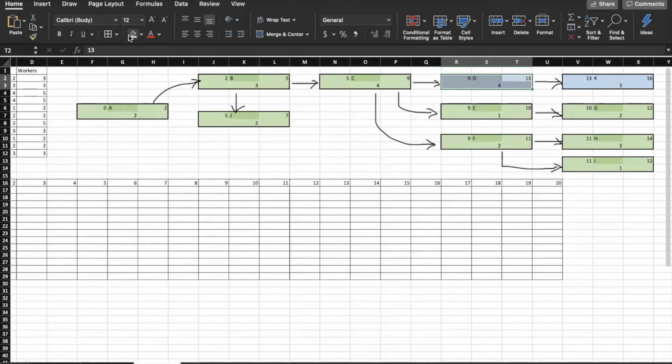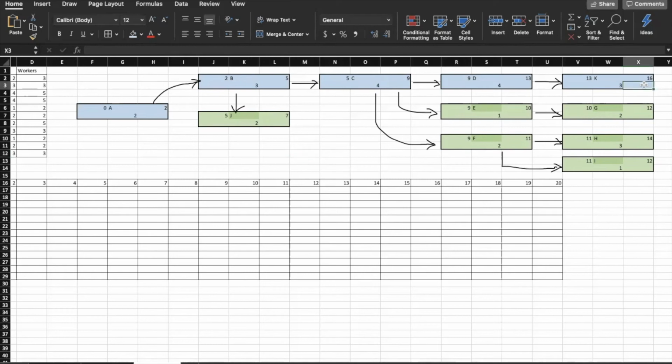D is a predecessor to K. C is a predecessor to D, so we'll need to highlight C, and working backwards, we'll need to highlight B as well as A. So now our critical path is marked in blue, and anything that is marked in green has some wiggle room, a free float that we can compute later.